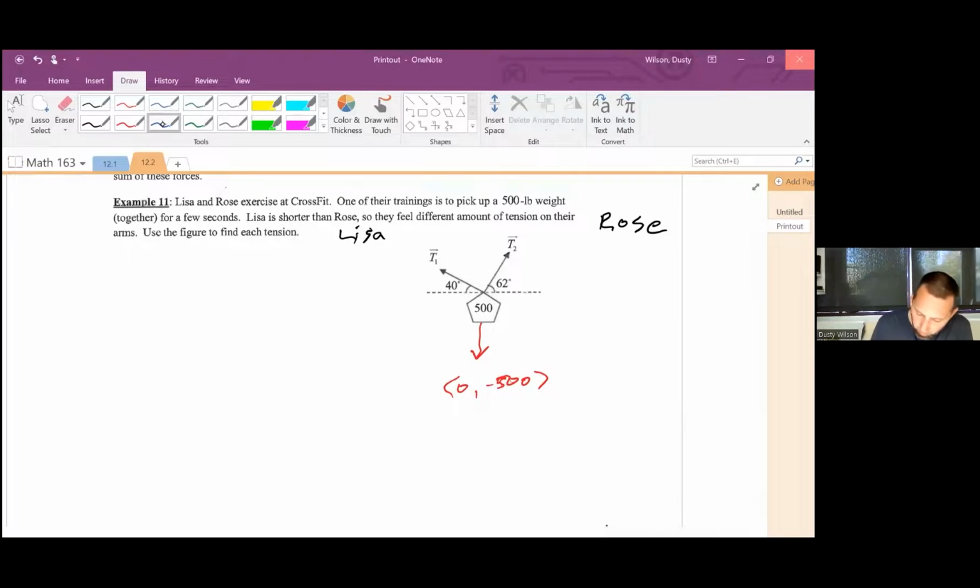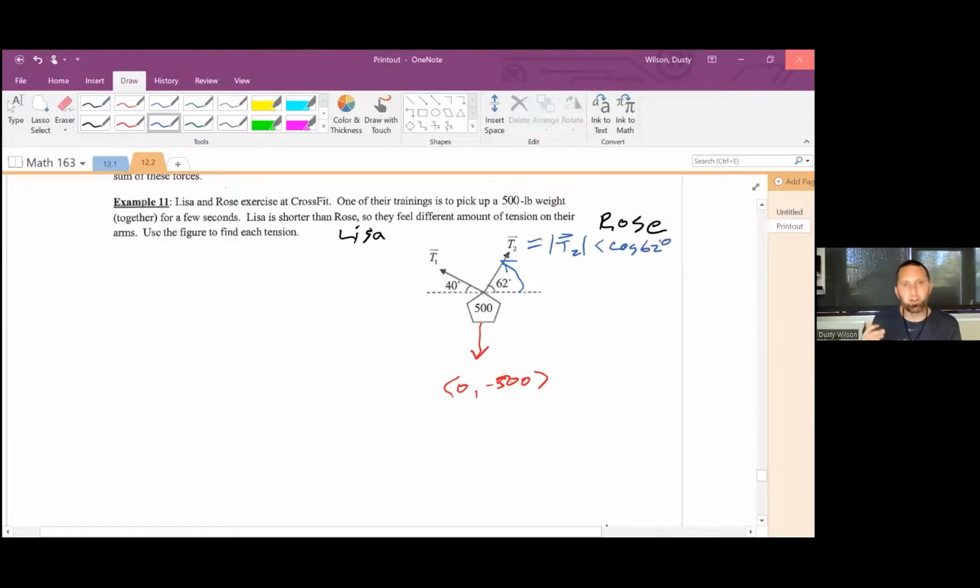The Rose vector has some unknown magnitude of T2, but we know the ratio between the x and the y using trig, like we did in the last example. So we know that our x component is going to be cosine of 62 degrees.